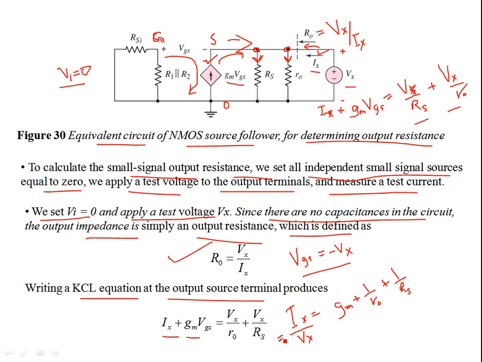And this expression is nothing but the inverse of the output resistance R naught. So I can write this as R naught inverse.